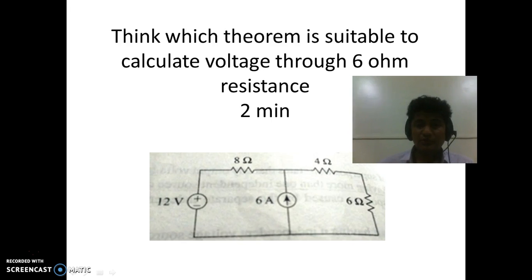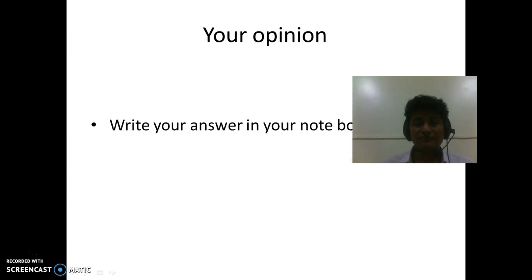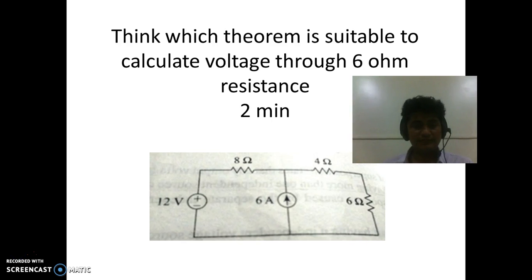You can take 2 minutes to think over it and write down the answer in your notebook. While doing this exercise, you can take help of your neighbor and cross-check your answer with your neighbor's answers. This is a simple question, so do not take more than 2 minutes. Just write it down quickly.